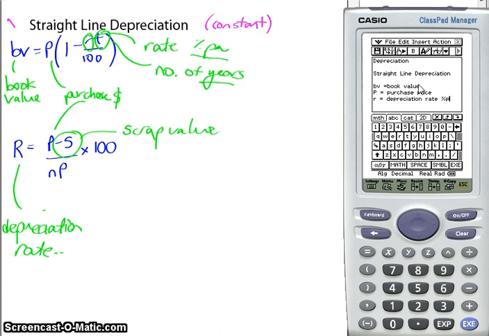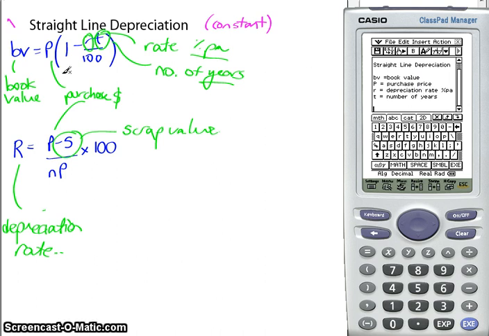Then you might say percent per annum to remind you. T is the number of years. You don't have to do all that, you just might like to remember.